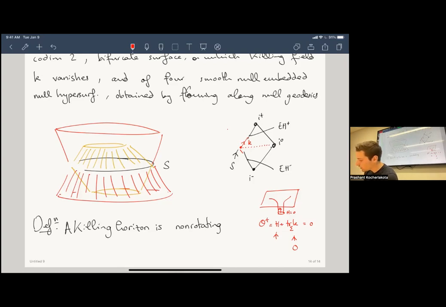This in Schwarzschild along this direction is also 0. So that's an example of a marginally outer trapped surface, which is also a bifurcate surface.